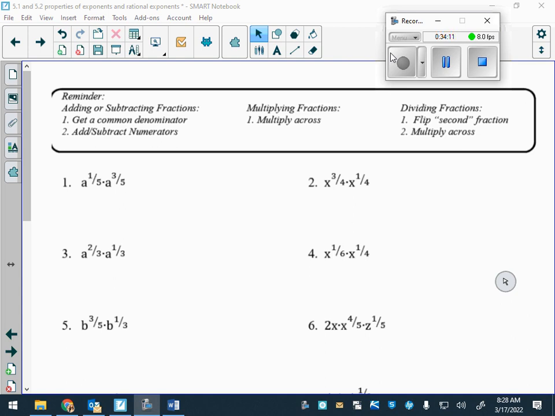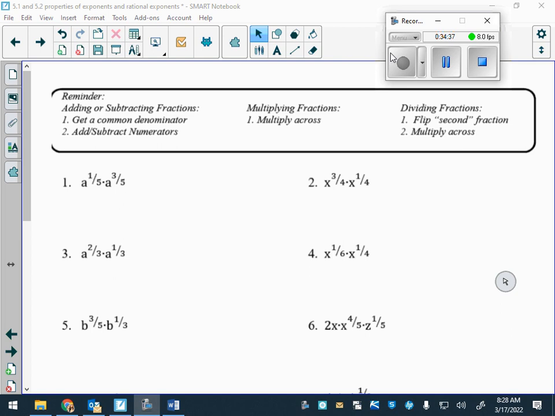Yeah, Luz? Number 10, you have a to the negative 1/2 times negative 2. Think of your exponents. If I write it negative 1/2 times negative 2, you're just multiplying straight across, so you get a to the 2 over 2.